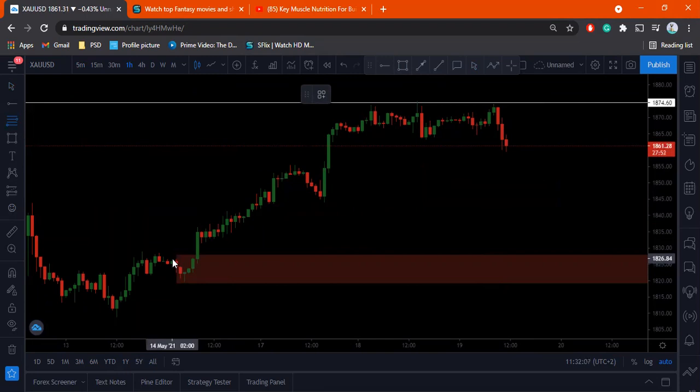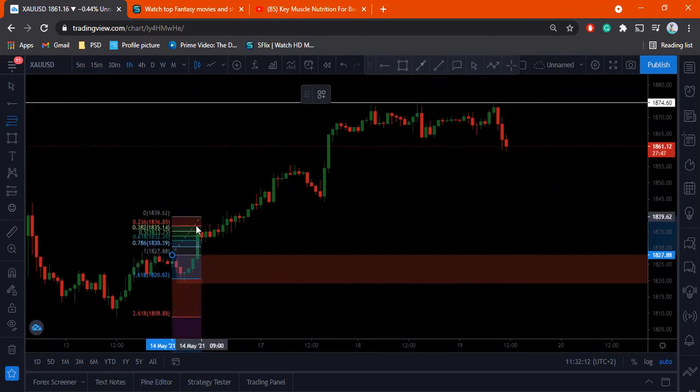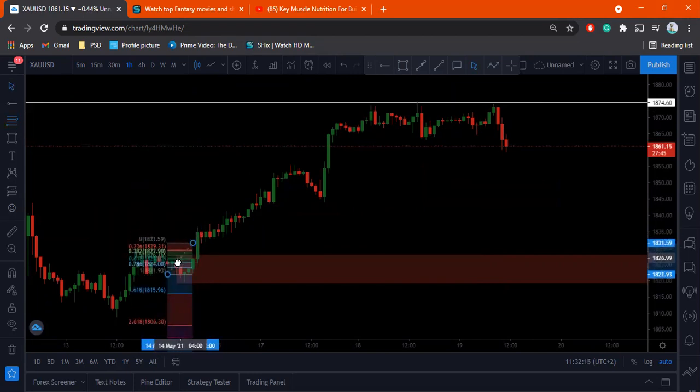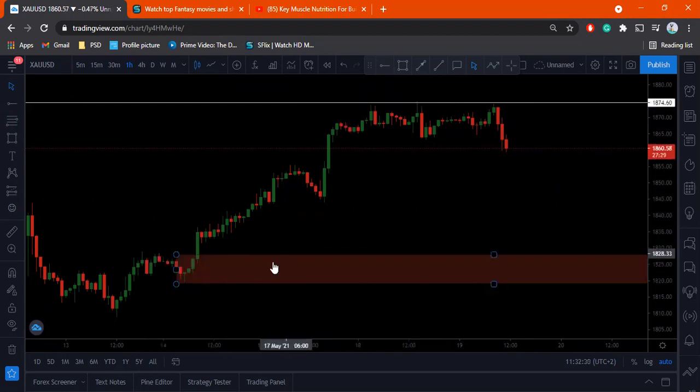So let's say from here, you want to see the 50% retracement around this area, and then they put their buy limits there, because sometimes or most of the time price dips into that candle 50% and then it rejects it. So some people would place their buy limits there, but that's for the more risky entry.